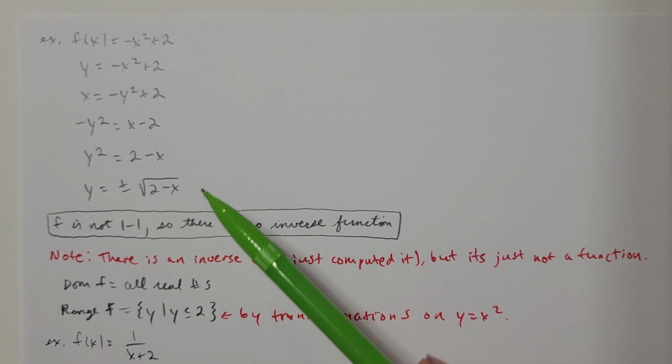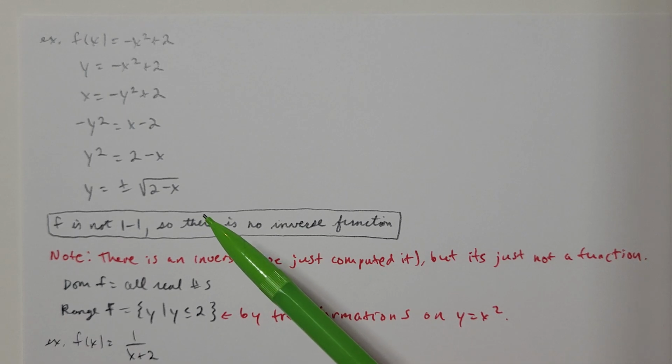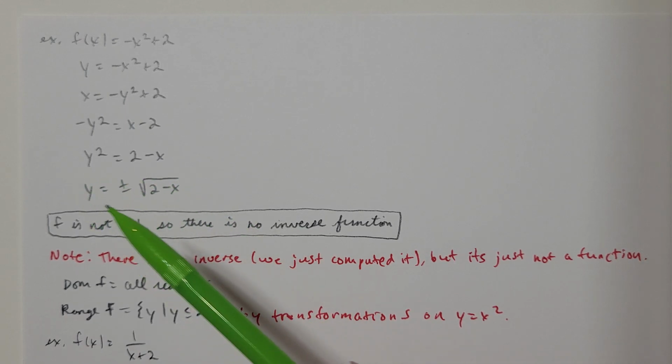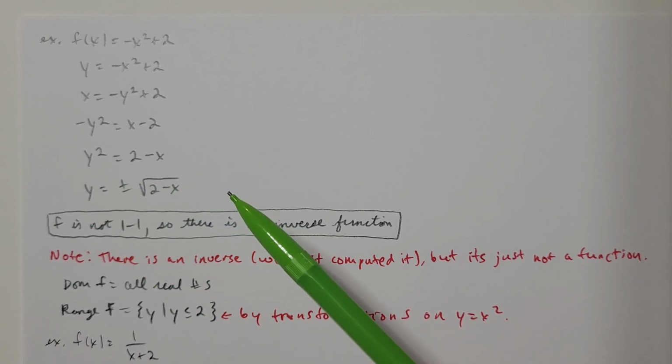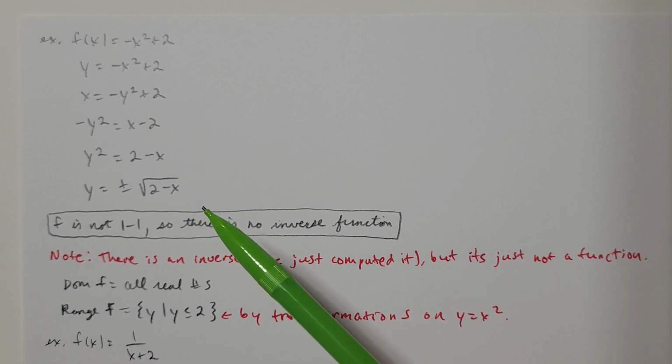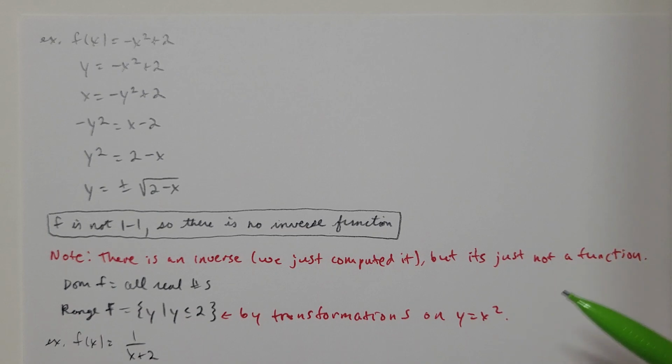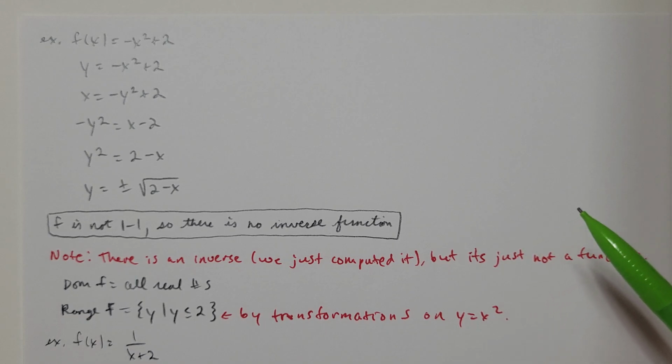There's not a plus y and a minus y. There's only one y. Okay? So I don't want to use the inverse function notation here. I don't want to say f inverse of x equals plus or minus the square root of 2 minus x. That would be wrong. Okay? F is not 1 to 1, so there is no inverse function.